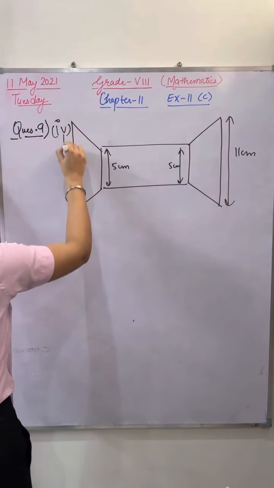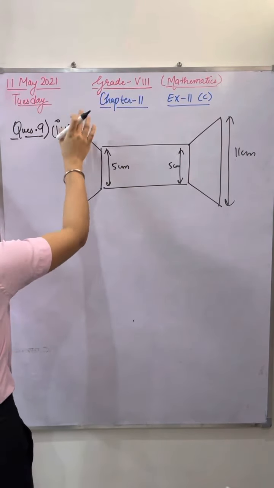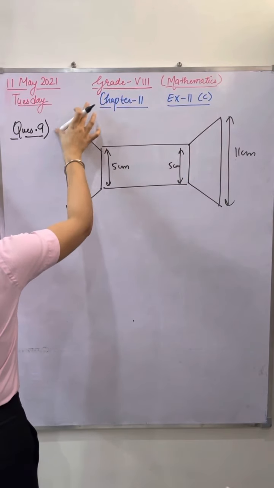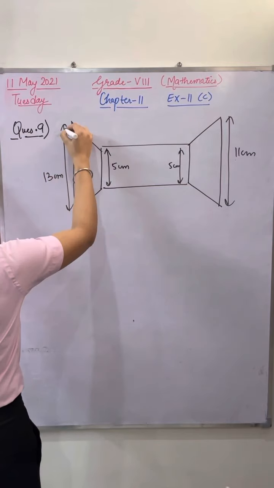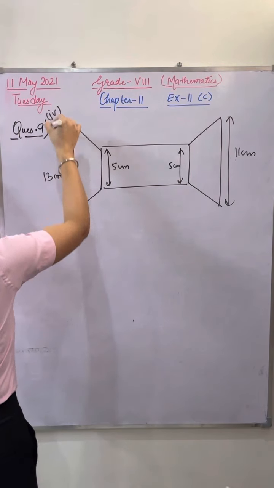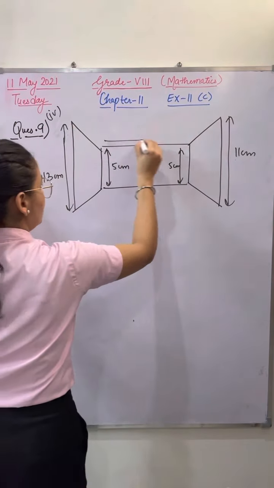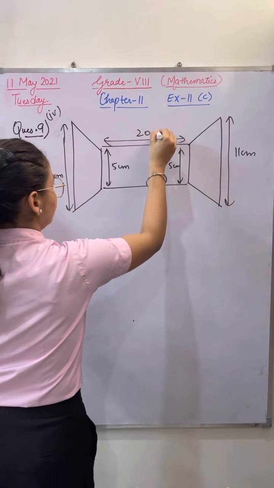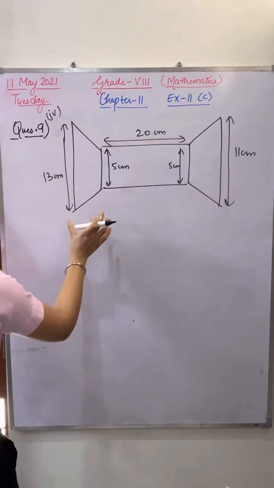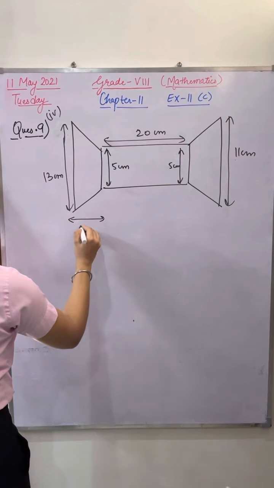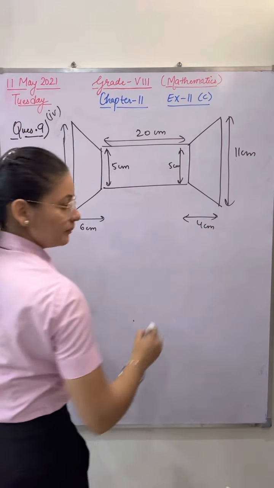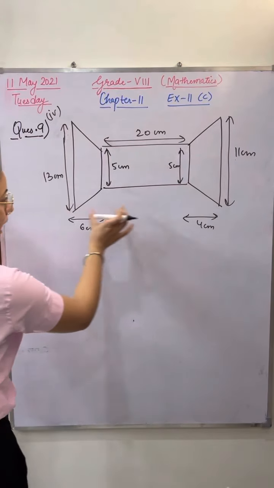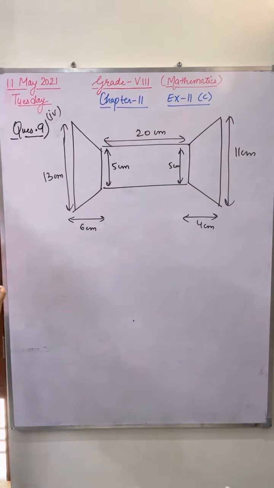This is given 13 centimeter. This is given 20 centimeter. Everything is given to you. This is given 6 centimeter and this is given 4 centimeter. These are the heights.